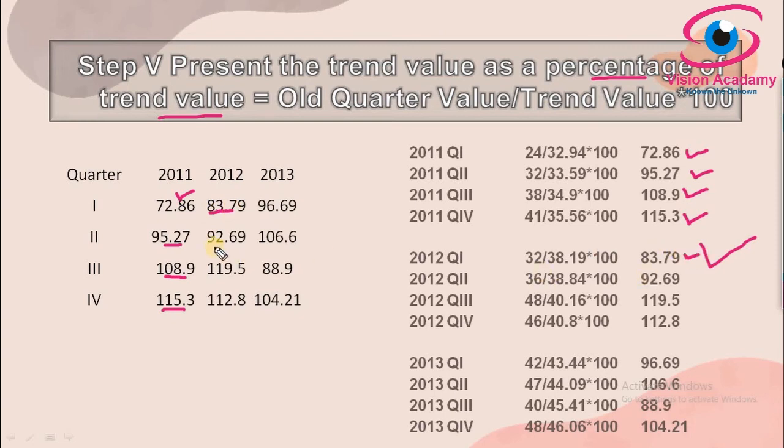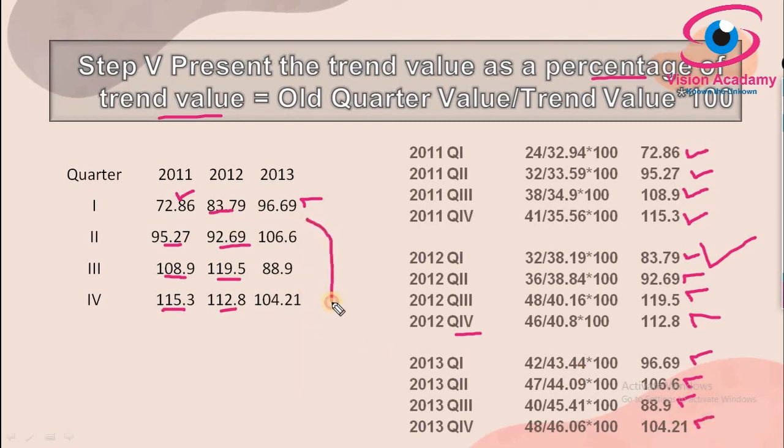And for 2012 quarter 2, 92.69 here it is. And for 2012 quarter 3 it is 119.5, and 2012 quarter 4 is 112.8, and for 2013 quarter 1 it is 96.69, quarter 2 is 106.6, quarter 3 value is 88.9, quarter 4 value is 104.21.